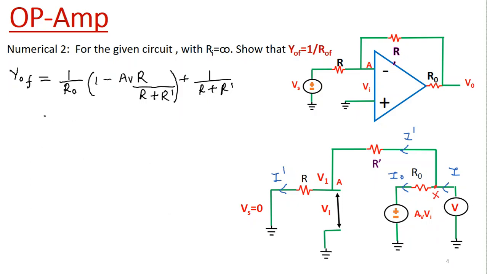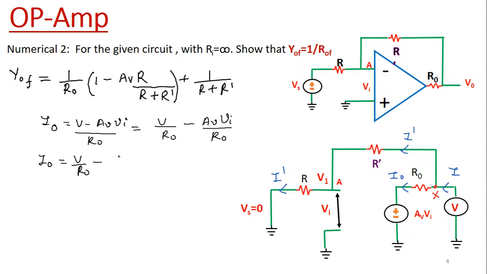Now we have found IO is equal to V minus AV VI divided by RO. This equation becomes V by RO minus AV VI divided by RO. Now in this equation we put VI's value. So IO is equal to V by RO minus AV into V into R divided by RO into R plus R dash.